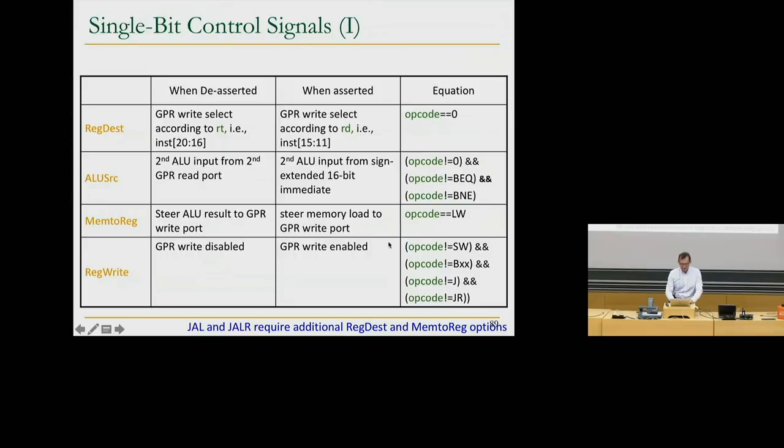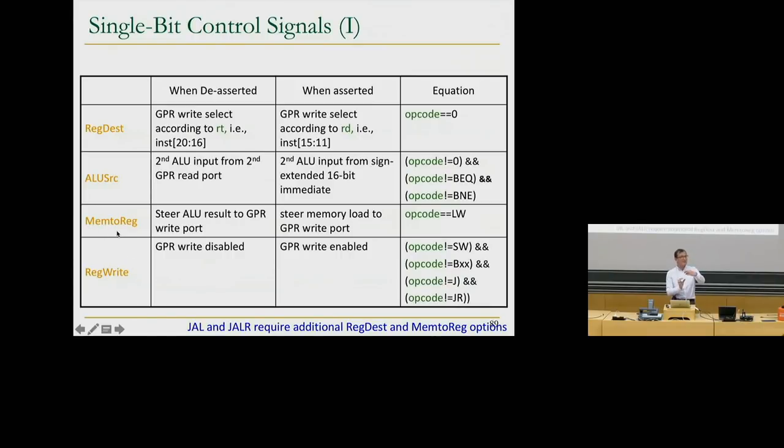Basically, you set the signal if the opcode is not store word, if the opcode is not a branch, if the opcode is not a jump, if the opcode is not a jump register. Basically, everything else needs to write to a register. Basically, you design combinational logic that sets this control signal to a 1 for instructions that write to a destination register. Otherwise, this signal should be set to 0. And this is the combinational logic that leads to that.